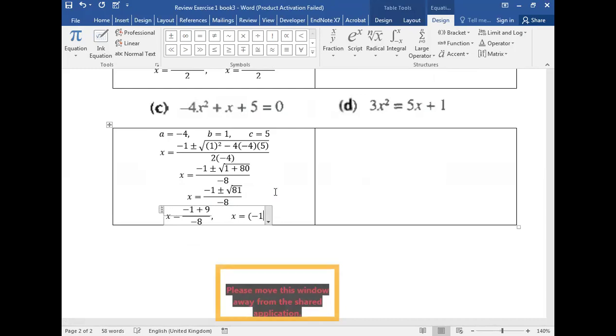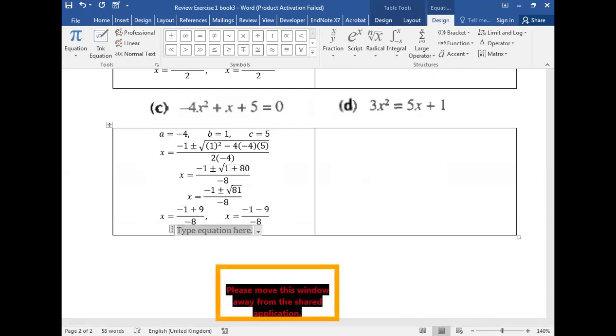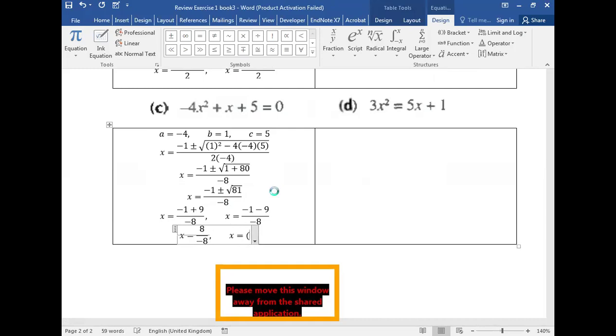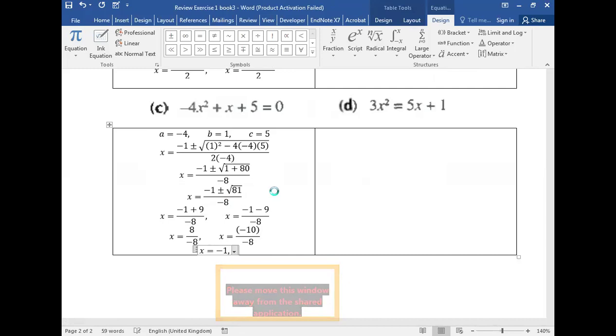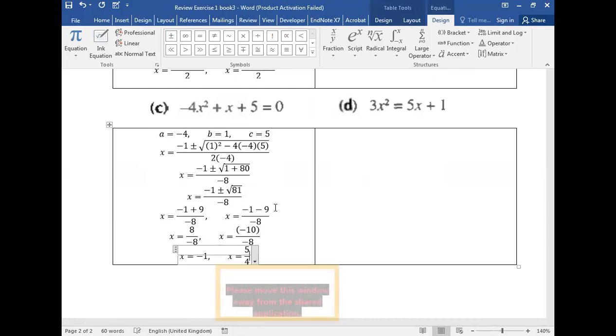X is -1 minus 9 upon -8. So if you simplify it, ये क्या हुआ? 8 upon -8, and this one became -10 upon -8. ये तो हो गया -1, and this one became -5, sorry, yeah, 5 upon 4.